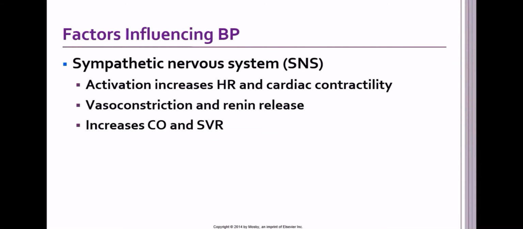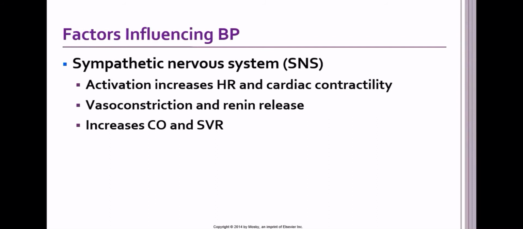So we'll talk more specifically about the sympathetic nervous system. The nervous system reacts within seconds after a drop in blood pressure, increasing blood pressure primarily by activating the SNS, also known as the sympathetic nervous system.